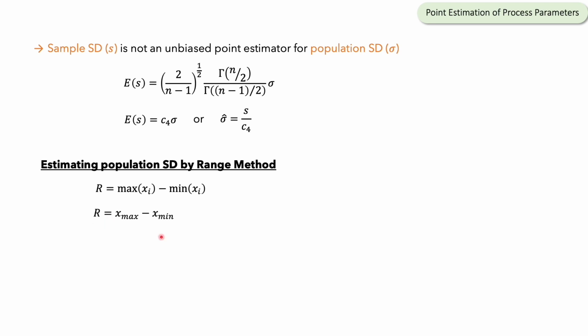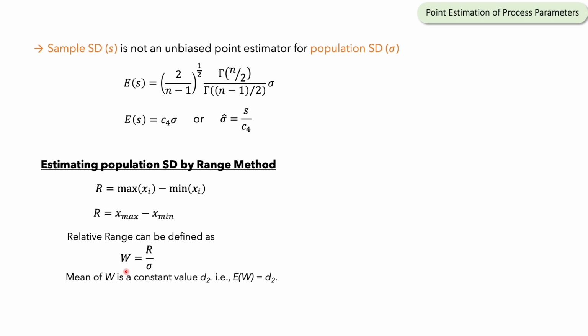There is another term, the relative range, that can be defined like this. The relative range is the range divided by the standard deviation of the population, and it is represented with W. The mean value of W is represented with a constant D2.